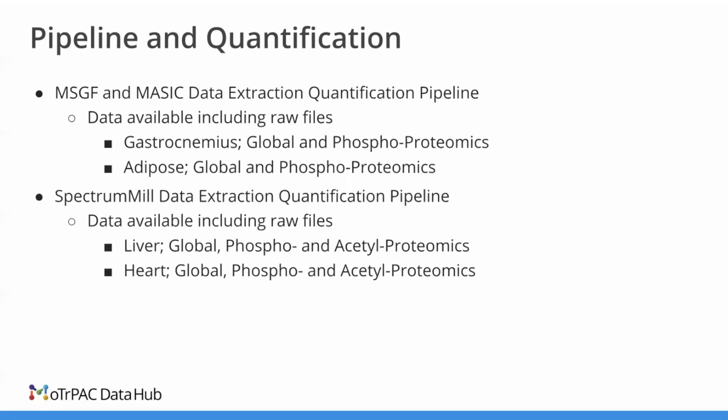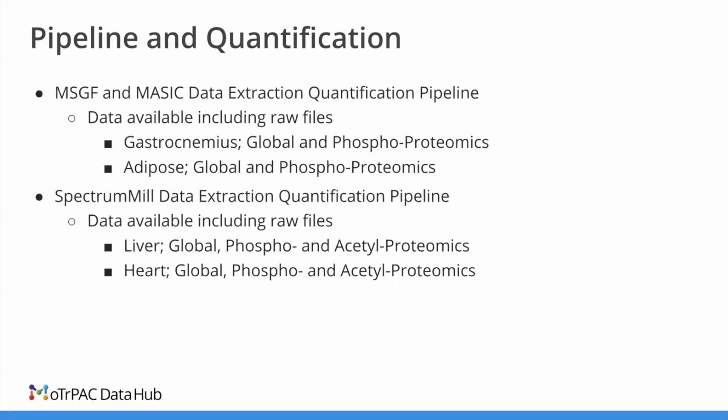The pipeline and quantification, PNNL uses MSGF plus and a MASIC data extraction quantification pipeline. The data available includes raw files, and this is gastrocnemius and global and phosphoproteomics and white adipose with global and phosphoproteomics. The Broad uses a Spectra Mill data extraction quantification pipeline.